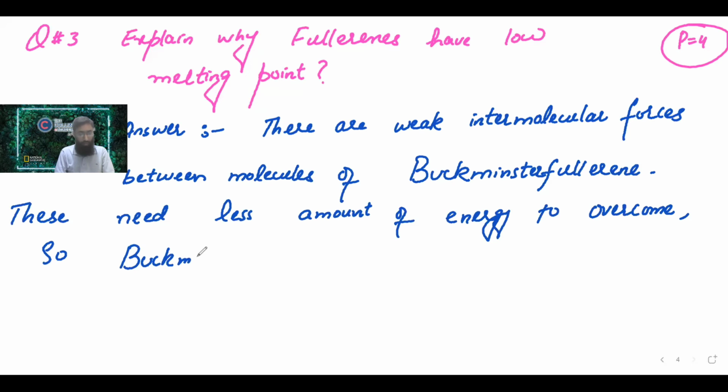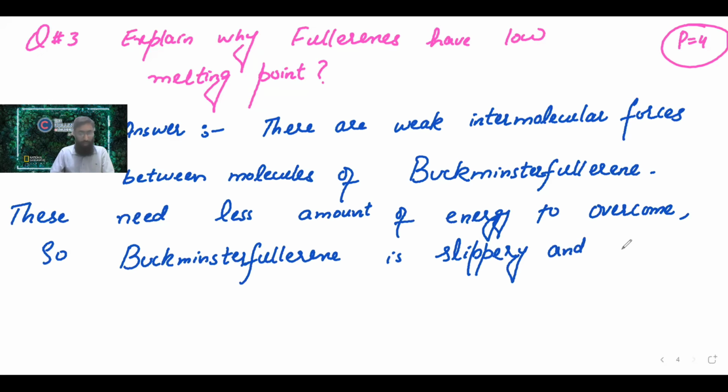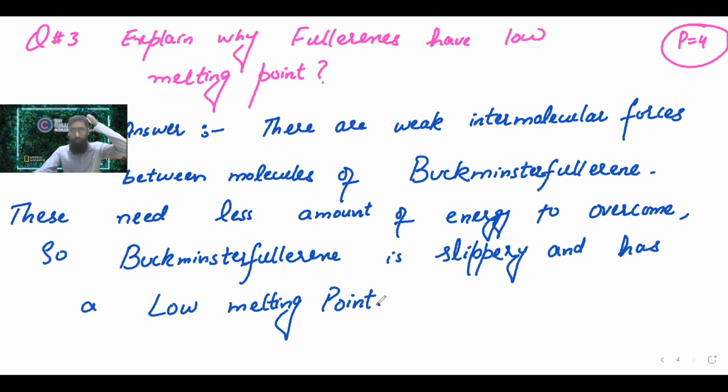So Buckminster fullerene is slippery and has a low melting point. So this is the answer to that question.